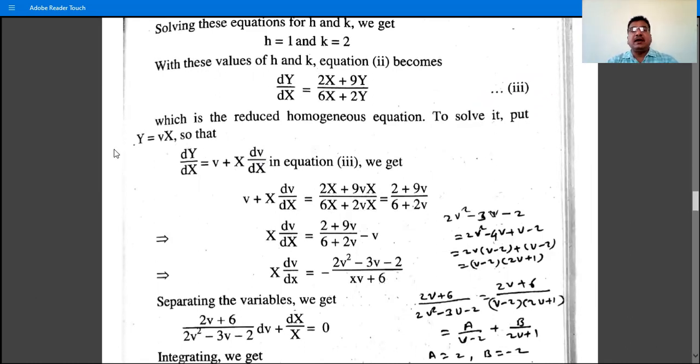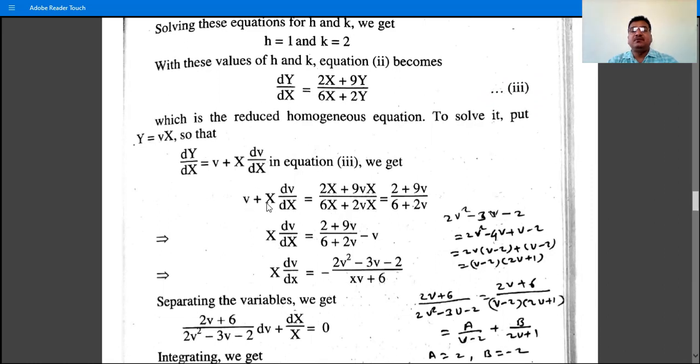Now substitute Y equal to vX, and therefore dY by dX is equal to v plus X dv by dX, by using the u into v rule of derivative: v times the derivative of X is 1, plus X times the derivative of v is dv by dX. Then substitute these values in equation 3.